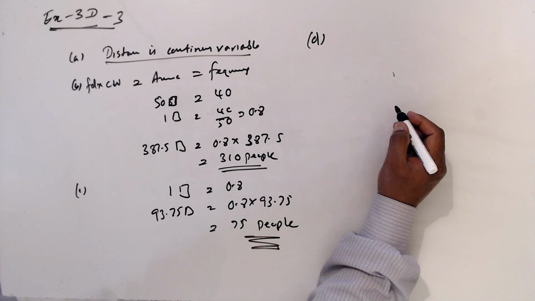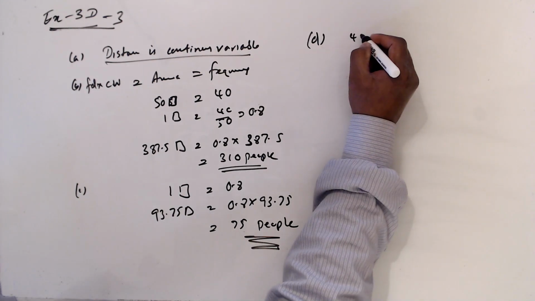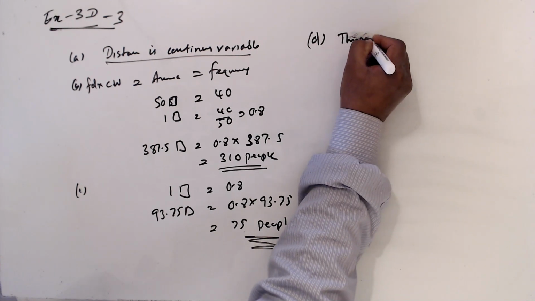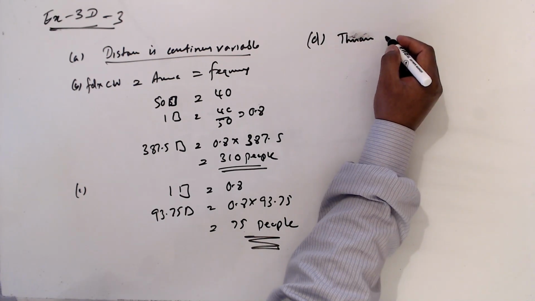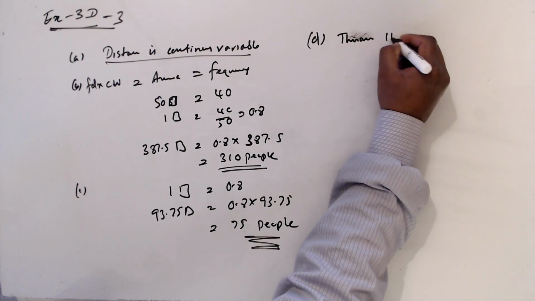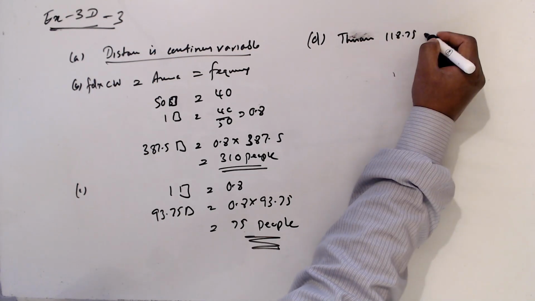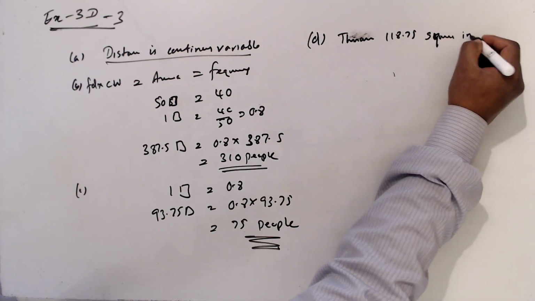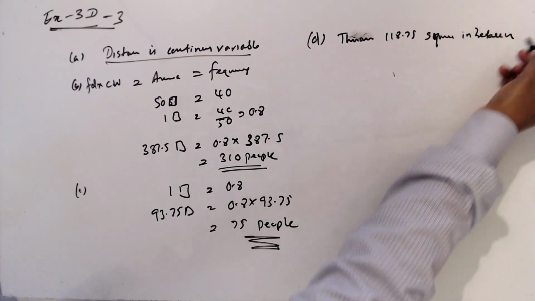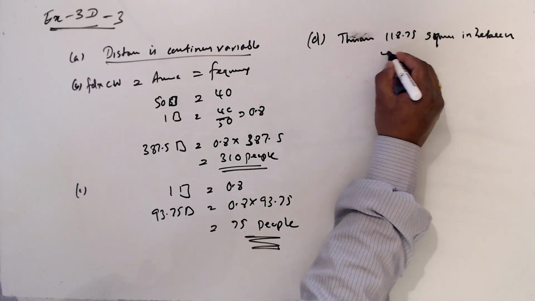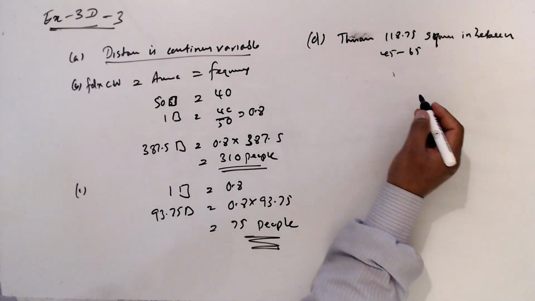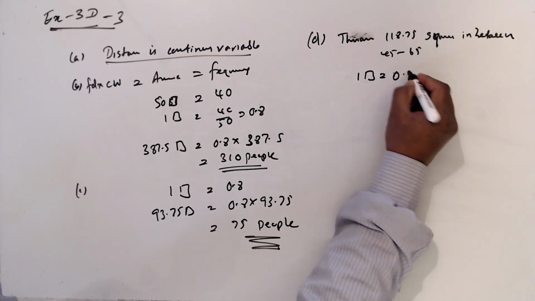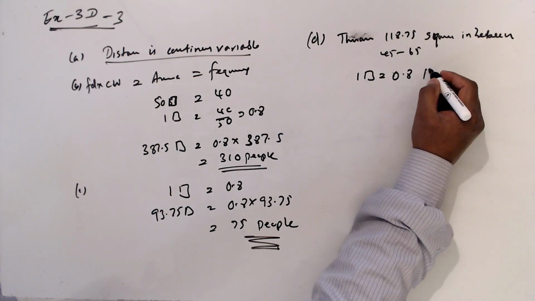Part B, how many people 45 to 65? There are 118.75 squares in between 45 to 65. Then one square represents 0.8 people.